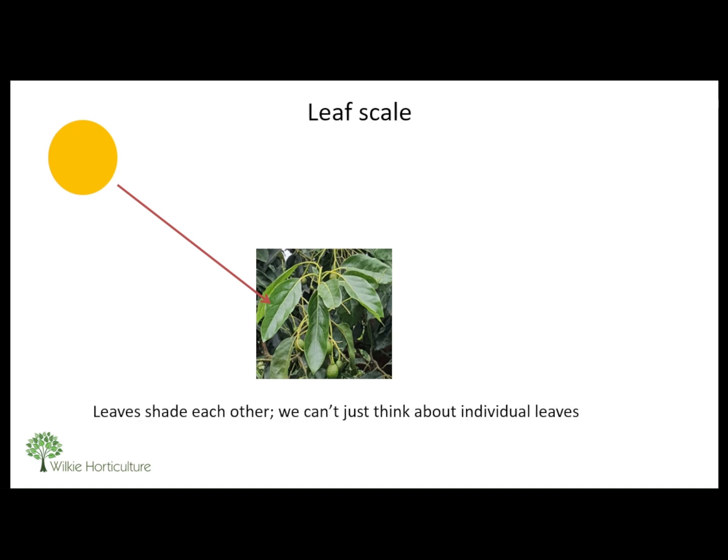So when we think about light interception by the tree, we can think about the leaf scale. The light does hit the individual leaves. But if we're thinking about how light interception affects yield productivity on a per hectare basis, well, the leaves on a tree shade each other, so it may not be the most useful scale to think about.